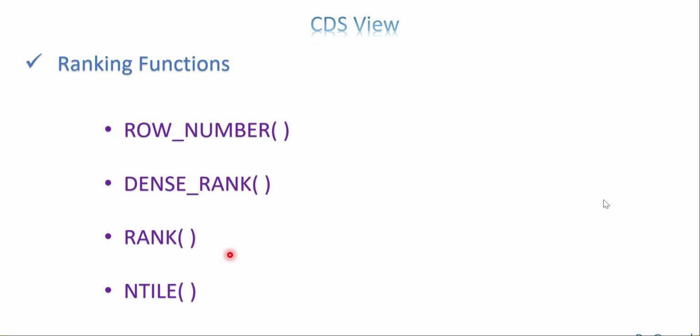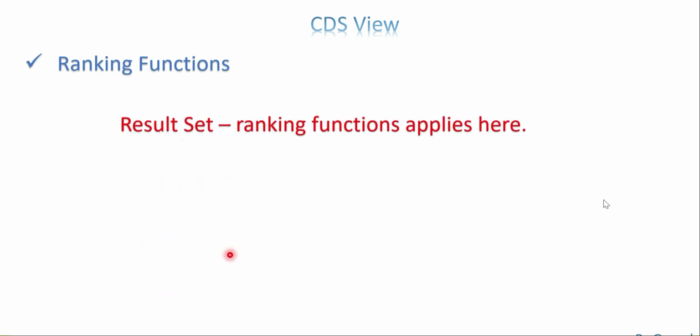Okay. And before getting to the functions, you have to understand the result set. Whatever SQL you're writing, it may have a where condition, it may have an order by option. Based on that, you get a result set first. After the result set is ready, these functions are applied and give the result on it.